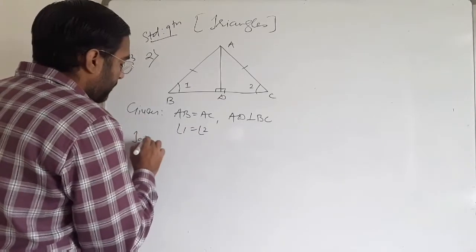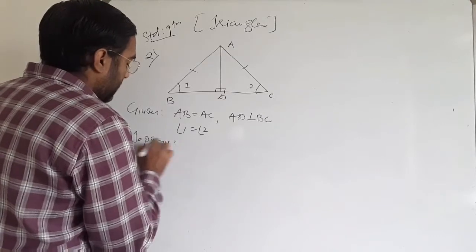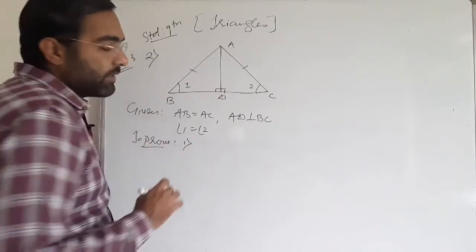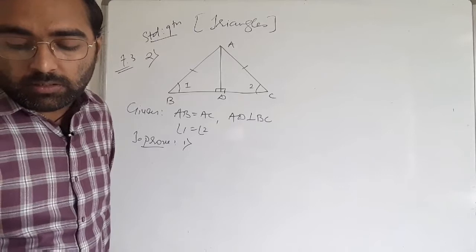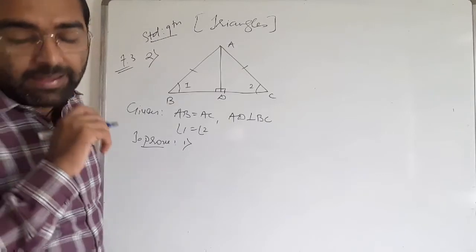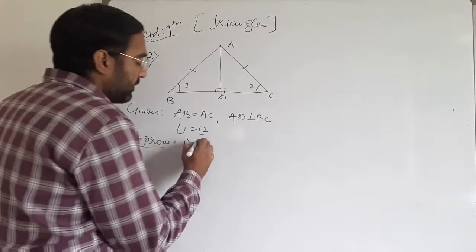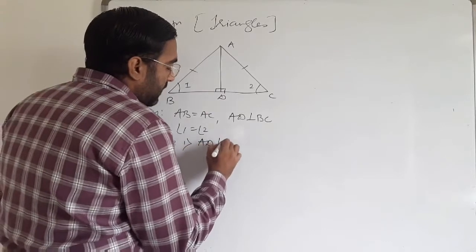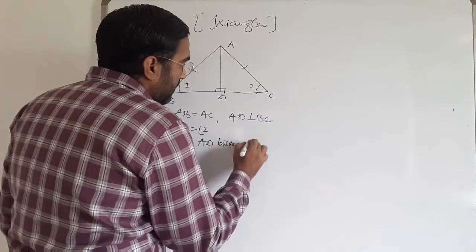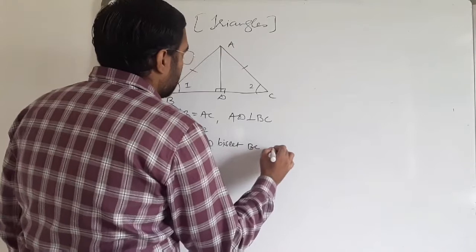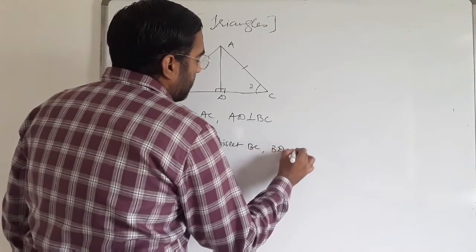To prove, there are two things we need to prove. First, AD bisects BC, that means BD is equal to CD.